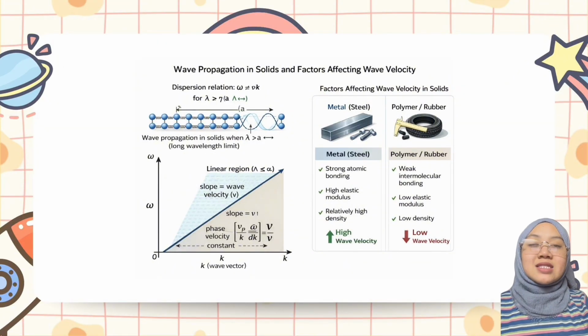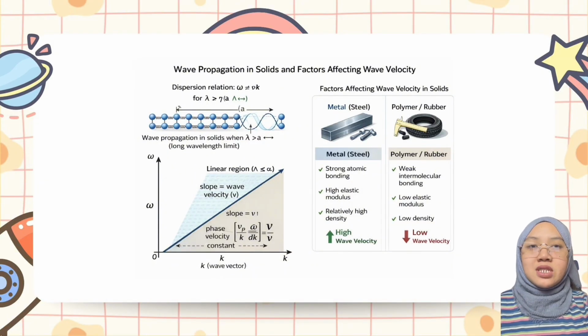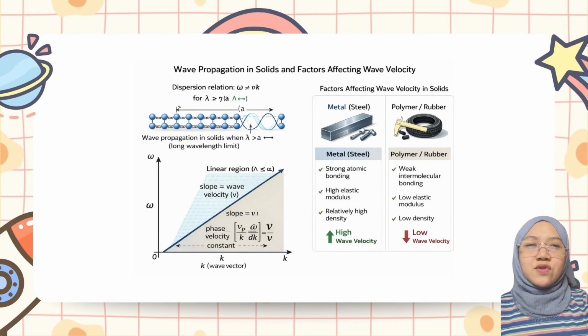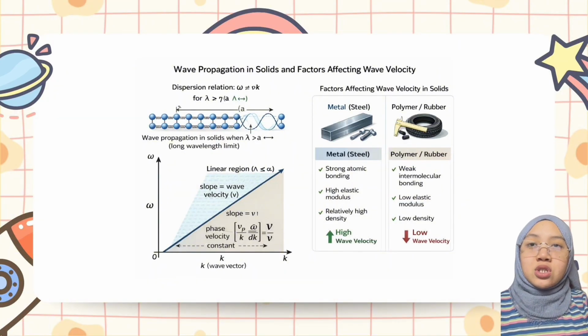On the right side of this image, we see factors that affect wave velocity in different materials. Metals, like steel, have strong atomic bonding and a high elastic modulus. Even though they are dense, their stiffness dominates, so waves travel very fast through them. In contrast, polymer or rubber have weak intermolecular bonding and a low elastic modulus.